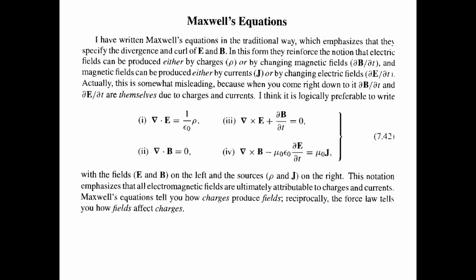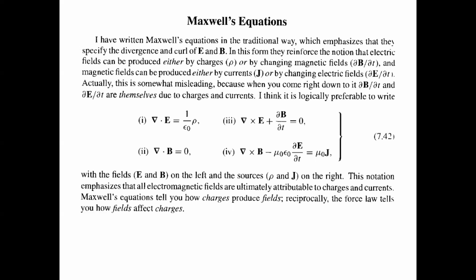And magnetic fields can be produced either by current, which is J, or by a changing electric field, which is ∂E/∂t. Actually, this is somewhat misleading, because when you come right down to it, ∂B/∂t and ∂E/∂t are themselves due to the charges and the currents.